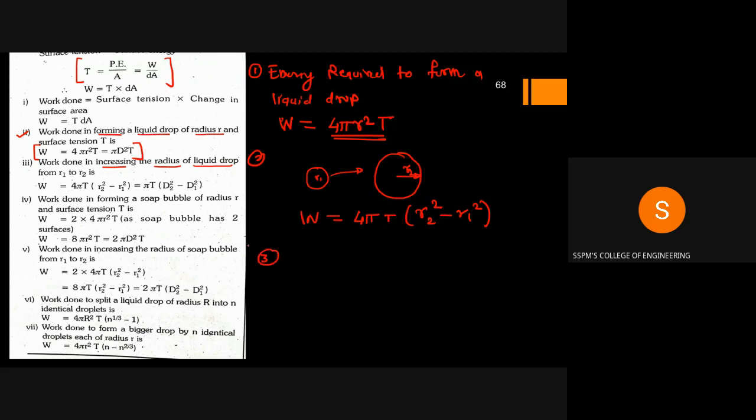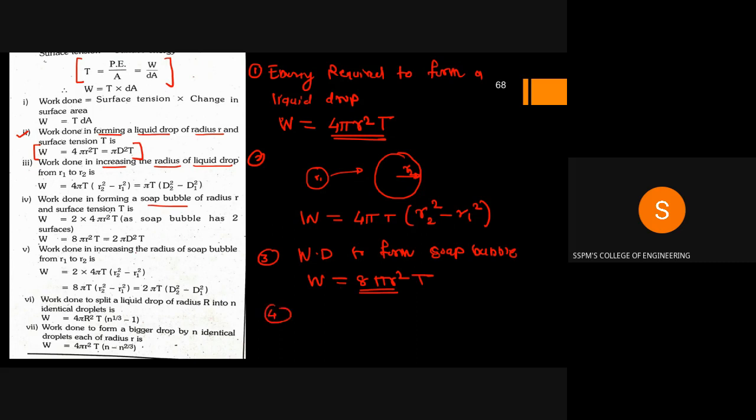Now the third equation is work done in forming a soap bubble of radius R. So work done to form a soap bubble is equal to 8 pi r square into the surface tension.